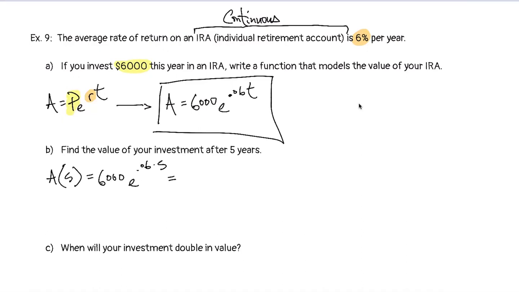Just like before, you can type this into your calculator. Above the LN button, you should see a little e. That's the e we're looking for. When you type this in, you should get about $8,099.15, because it's a little bit more accurate this way.